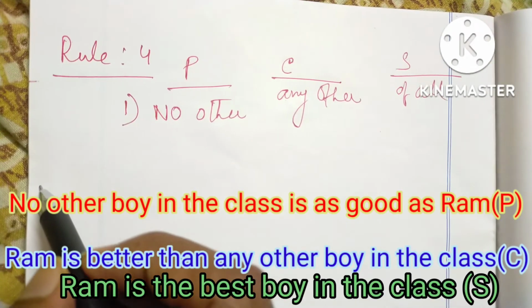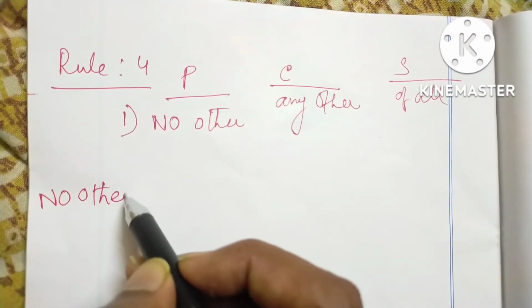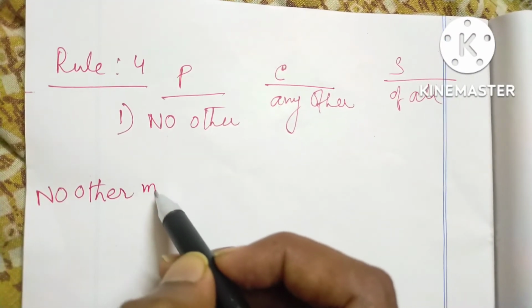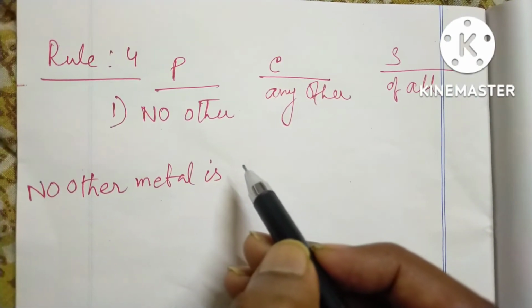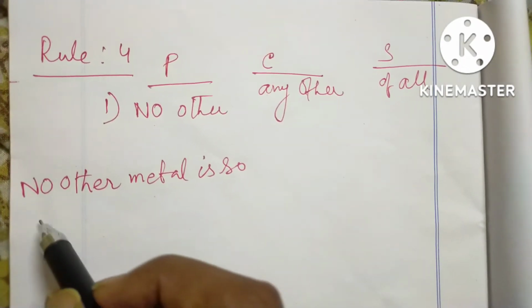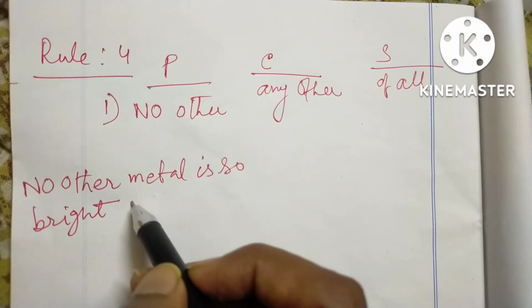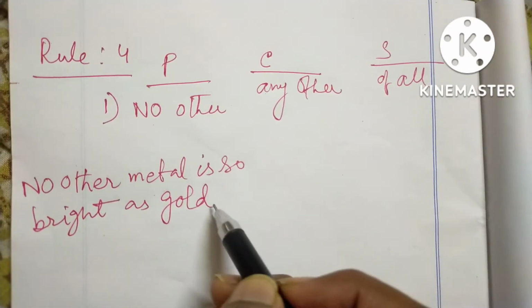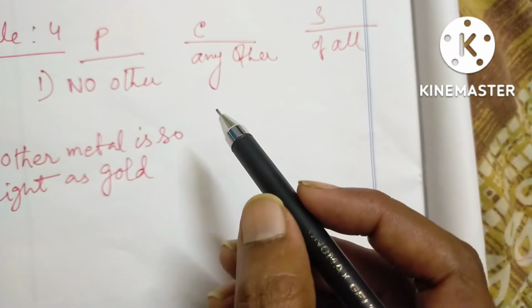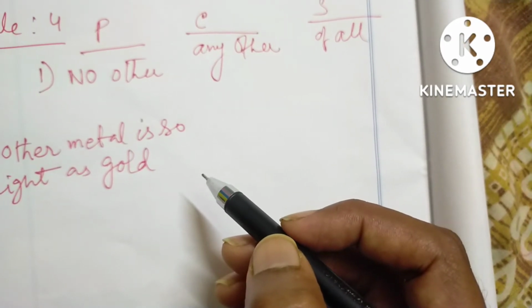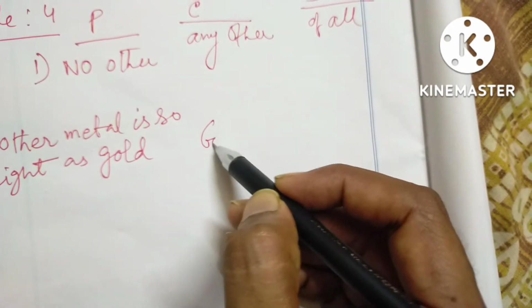Let's take an example: No other metal is so bright as gold. When we try to transform it into the comparative form, we have to start with gold.